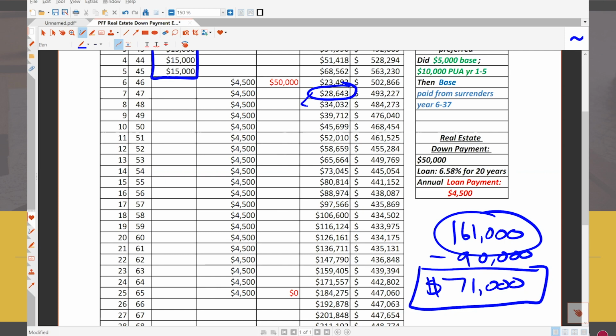That's almost $5,500, give or take, that this policy grew by that year. How much money did we put into the policy that year? We put in $4,500. So we made almost $1,000 in just one of these early years, tax-free, just by changing where we're building up the money to make this happen.